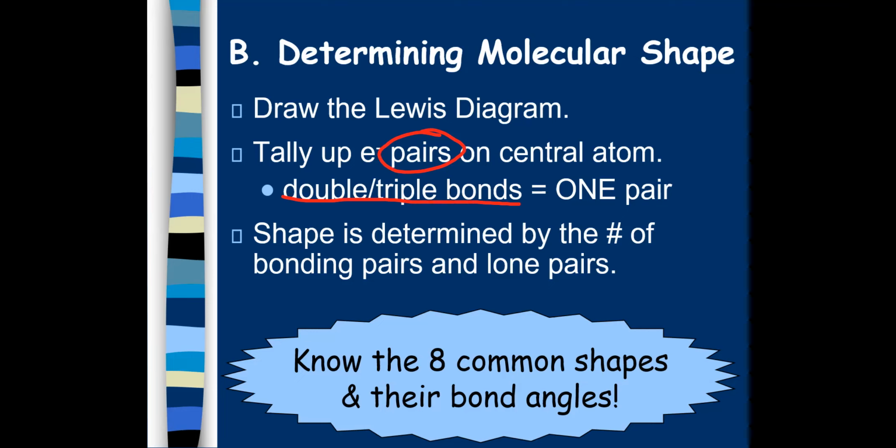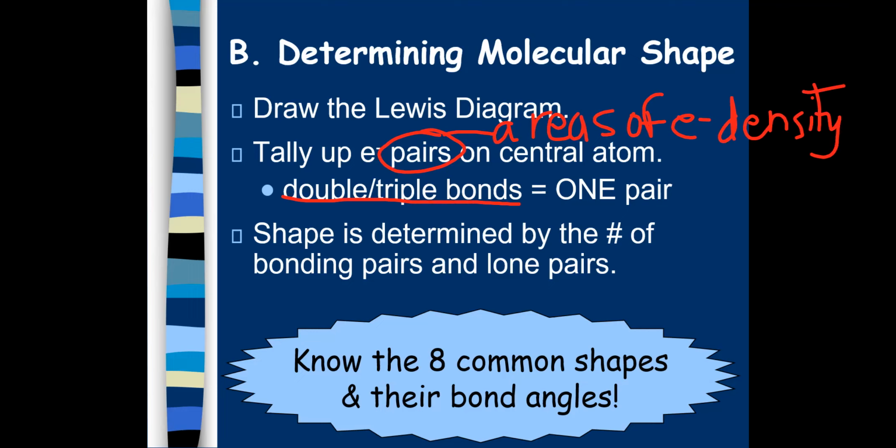So what we're going to call these is areas of electron density. Okay, areas of electron density. So a double or triple bond is still just one area. You see, that makes more sense. And the shape is determined by the number of bonding pairs and lone pairs.